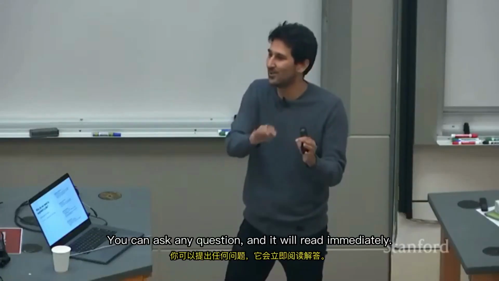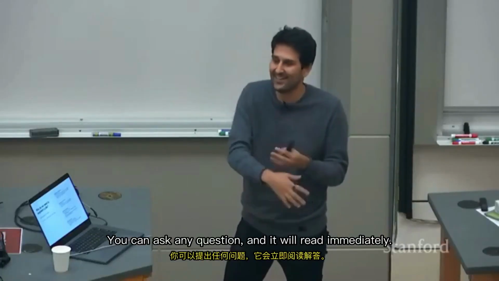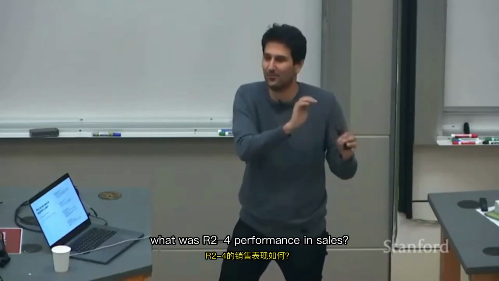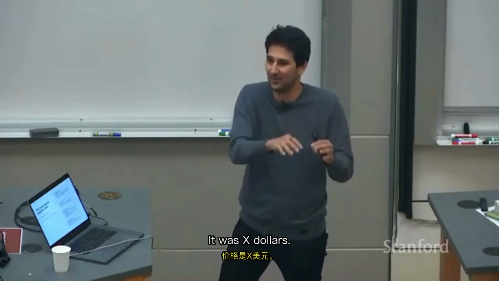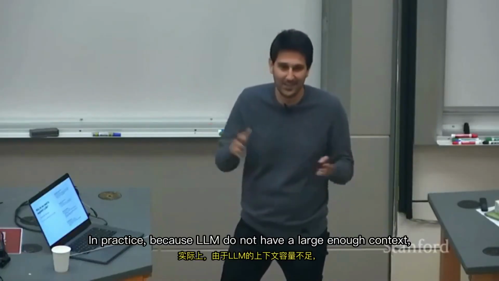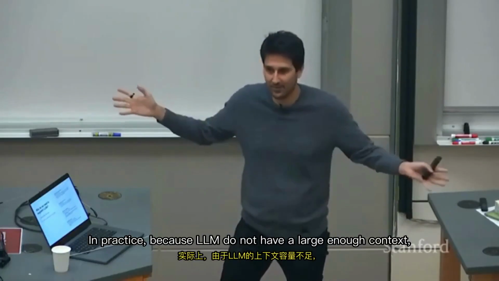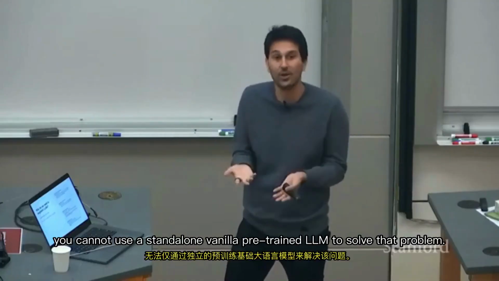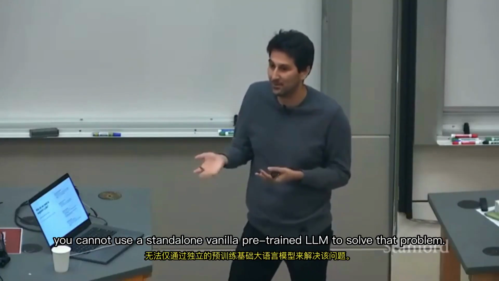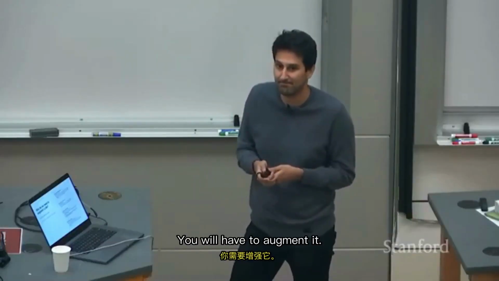You can ask any question and it will read thousands of documents immediately and answer, what was our Q4 performance in sales? It was X dollars. It finds it super quickly. In practice, because LLMs do not have a large enough context, you cannot use a standalone vanilla pre-trained LLM to solve that problem. You will have to augment it.